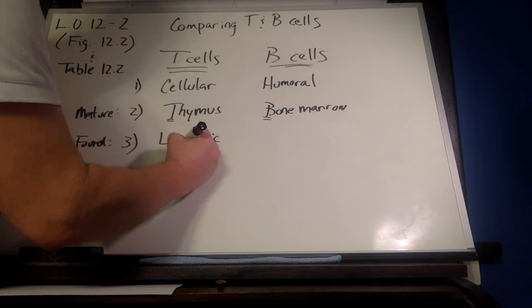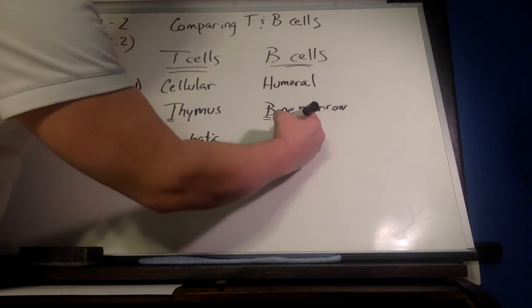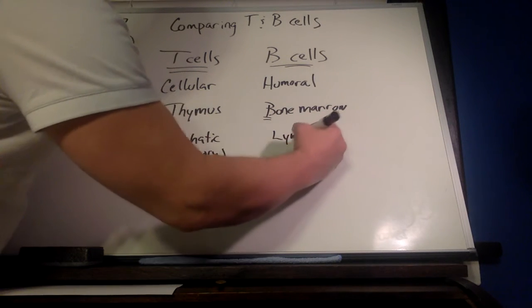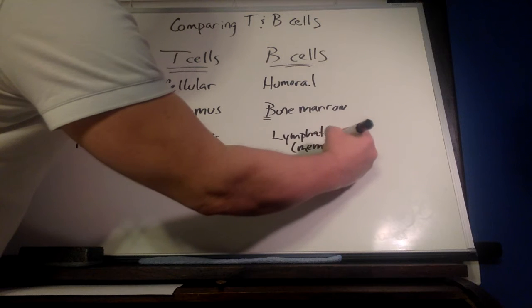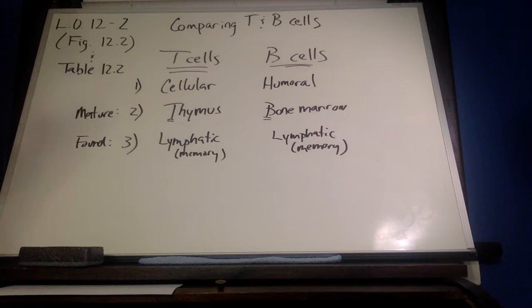This is where those memory cells are going to reside. So these can also be found in the lymphatic system. Those are also where those memory cells are going to reside. Or they can be found circulating through the circulatory system, depending on where they need to go in order to fight a particular reaction.